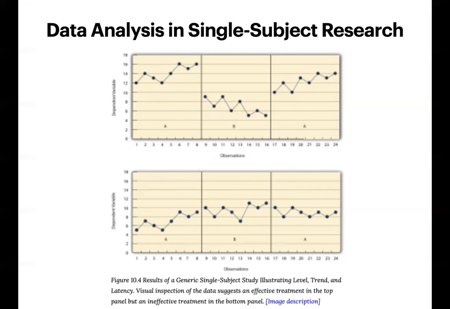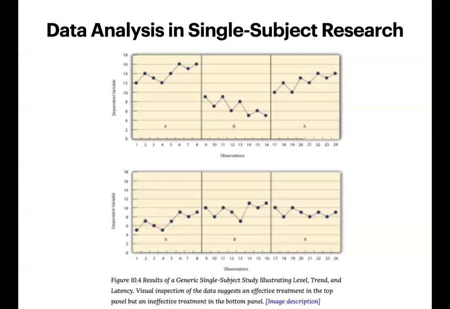A gradual increase or decrease of the dependent variable across phases may also suggest an effect, especially when a trend changes direction. Generally, if a change in the dependent variable occurs shortly after a change in conditions, it suggests that the treatment was responsible for that change.